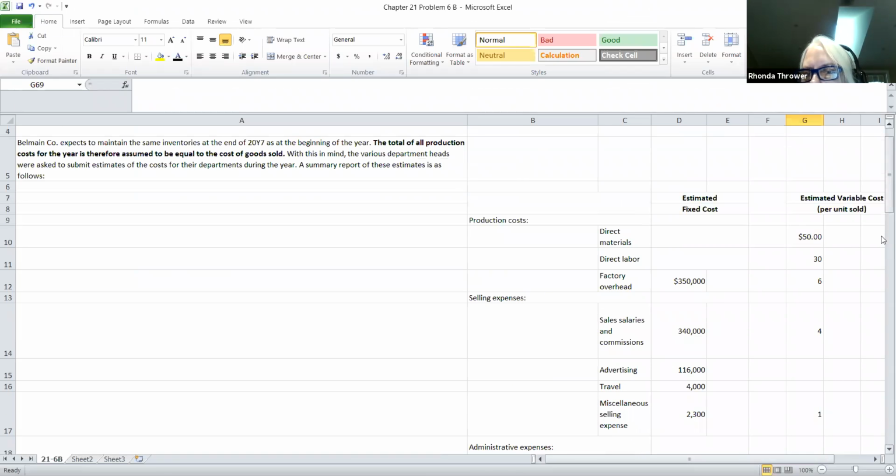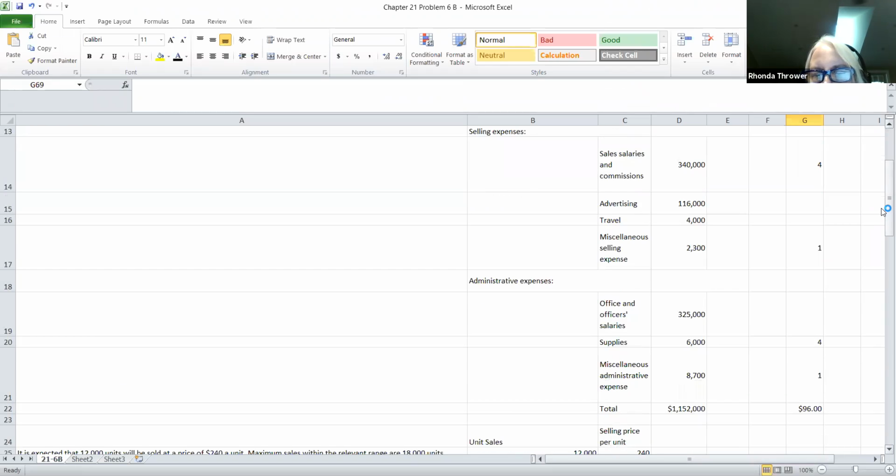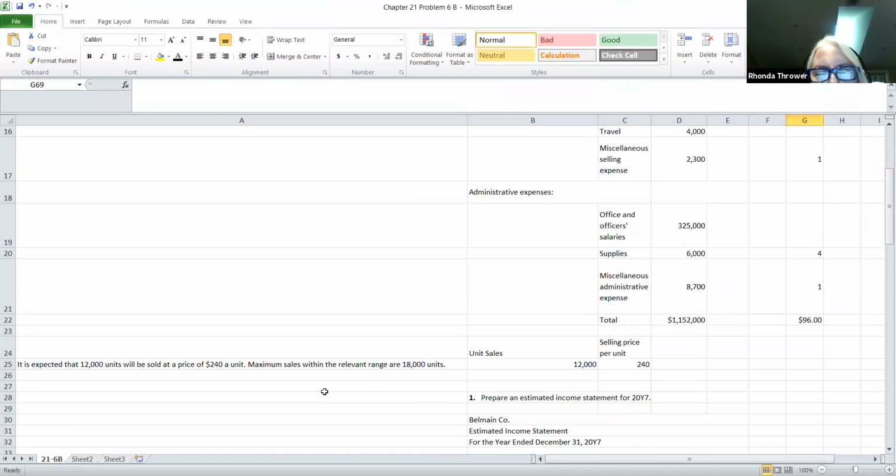And then they've given you the per unit amounts for your variable cost, and they told you that it's based on per unit sold.